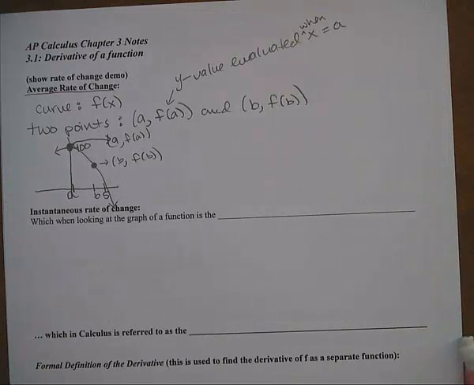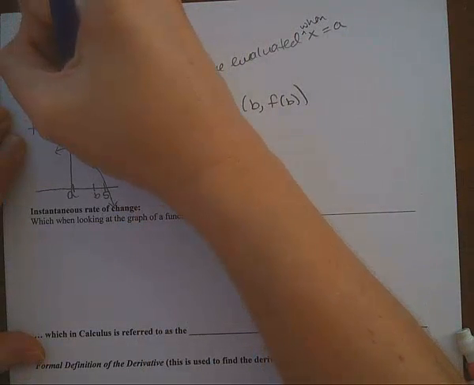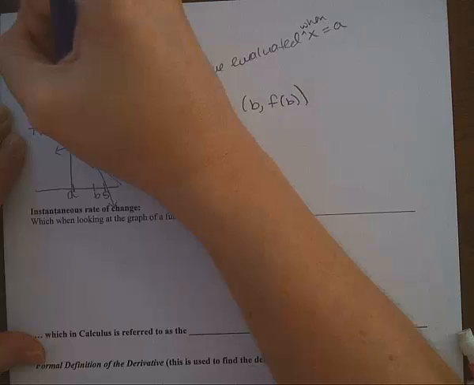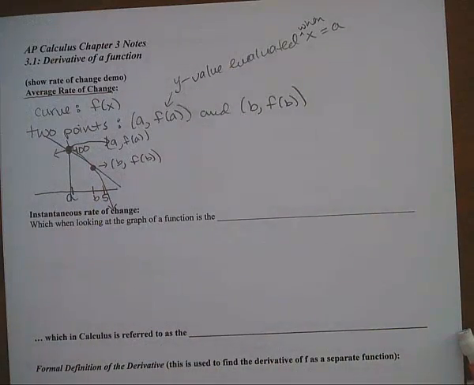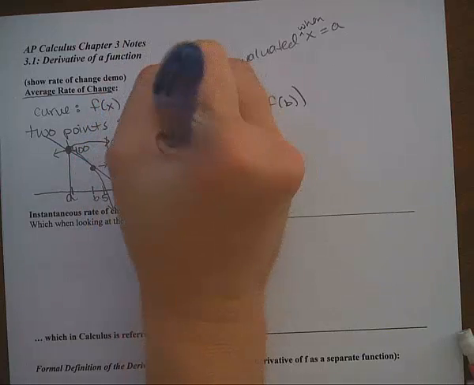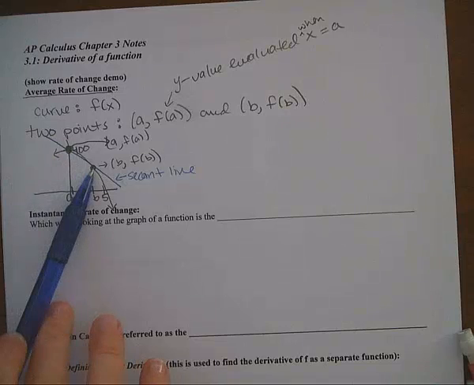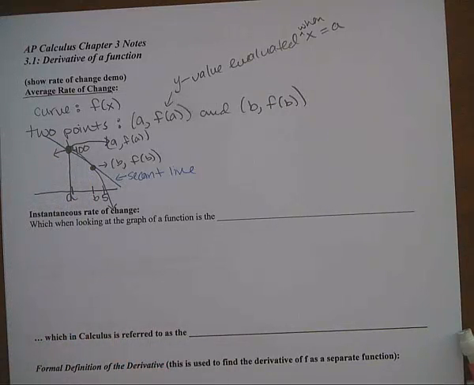Well, it turned out that the way we found that average rate of change was by looking at the line that connects those 2 points. And we called that line the secant line. So just as a reminder, a secant line is a line that intersects a curve or a function at 2 different places. That's the secant line.